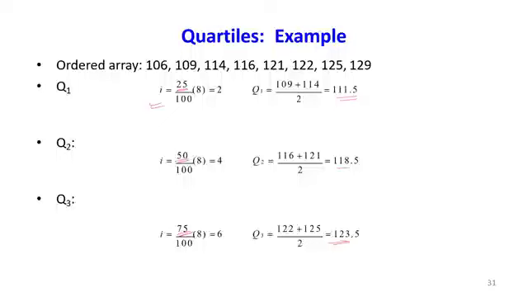Like that, you can understand. If you add the minimum and the maximum into this particular stack, then you will get a complete picture. Let's suppose the minimum is 100. Now you can say that 25% of the data in the starting segment is between 100 and 111.5.